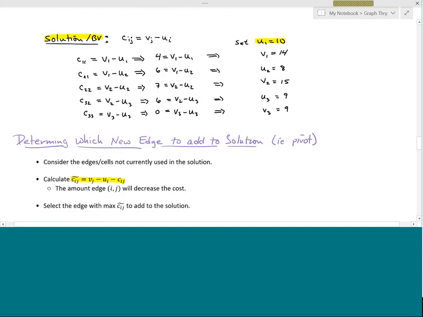Yeah, so to answer the question, for U1 here, that is just a random number. You could actually change it to 100, to 1, to 5, to whatever number you want. For my sanity, if I'm grading these, I would prefer you to set it at 10, just so that I can get consistency on numbers here, but you can set it to anything you want, and the only thing that would change is your U's and your V's would be scaled up or scaled down appropriately to how you and your classmate changed your U1s.